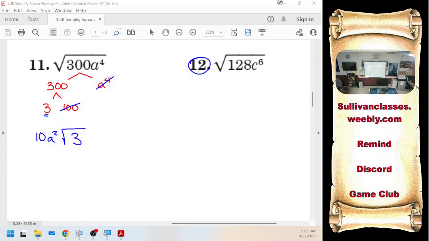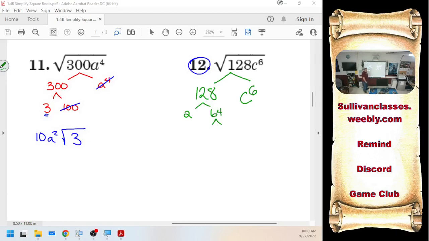So just start there. It's an even number. I know it's divisible by 2, so I say 128 divided by 2.